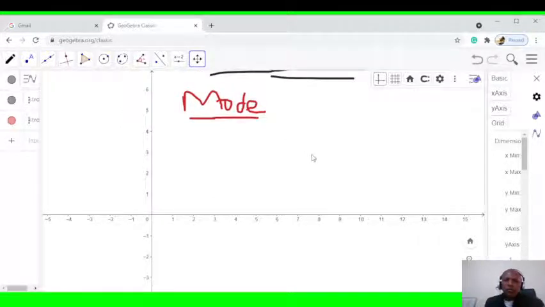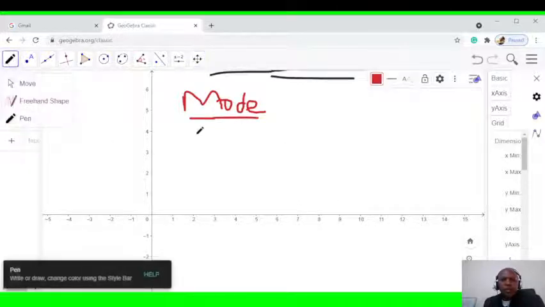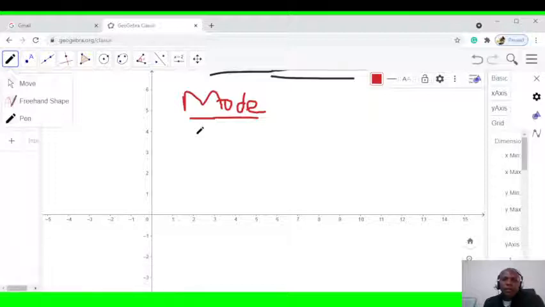In a data set, we say that mod is a value that has the highest frequency in a series. So if you're looking at some data sets and specific values that have the highest frequency in that series, then that would constitute mod.